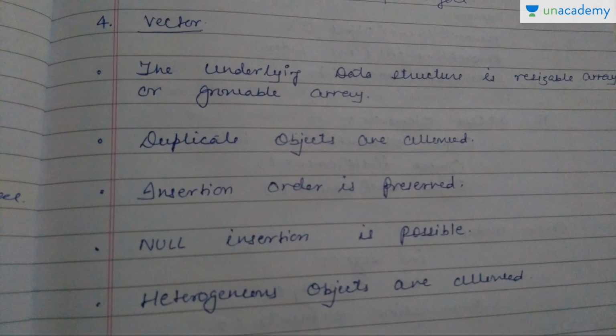Insertion order is preserved, which means whatever elements we have inserted, we can get their indexes and see at what position they were added. Null insertion is possible here. Heterogeneous objects are allowed, which means elements of different types can be inserted in the Vector class.